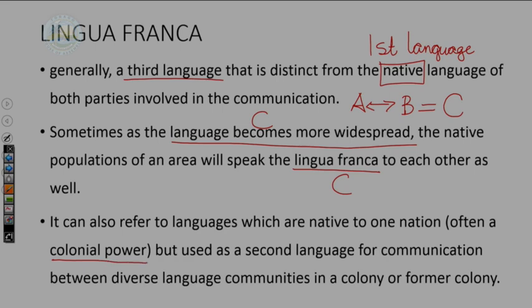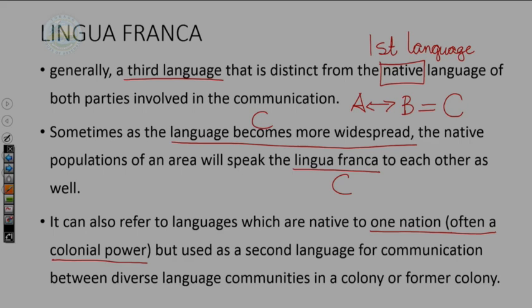And this is important for our context when we talk about the Caribbean experience. It can refer to languages native to one nation, often a colonial power, but used as a second language for communication between diverse language communities in a colony or former colonies.